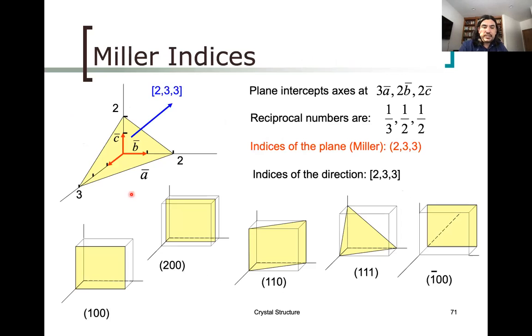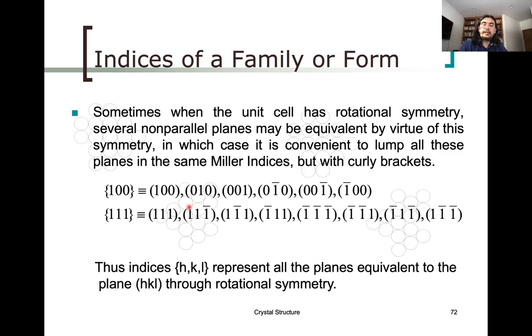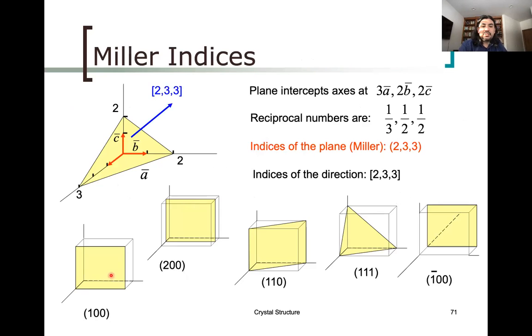Now, what I was saying there is a 200, right? The 200 is going to be a family of planes. I have to be careful here. What I mean is that there are all of these planes cutting through your crystal with that same direction.